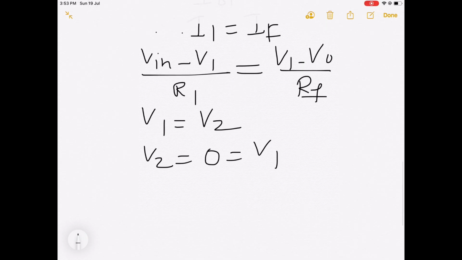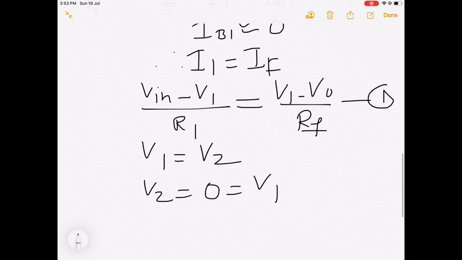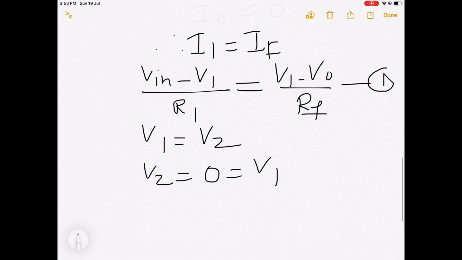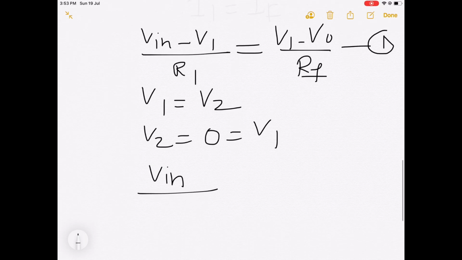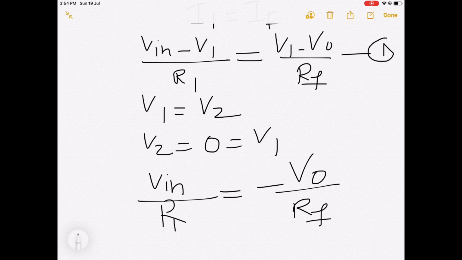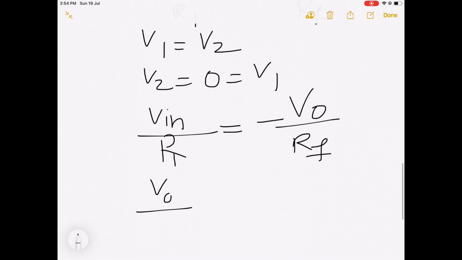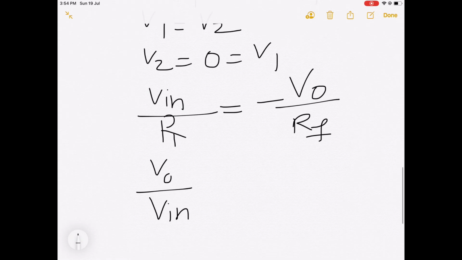So apply this in equation number 1, suppose this is equation number 1. It will be: V in minus V1, with V1 as 0, divided by R1 is equal to V1 minus VO divided by RF, V1 is again 0, so minus VO divided by RF. Okay. Then we have to calculate gain, that is the output voltage upon input voltage, VO by V in.